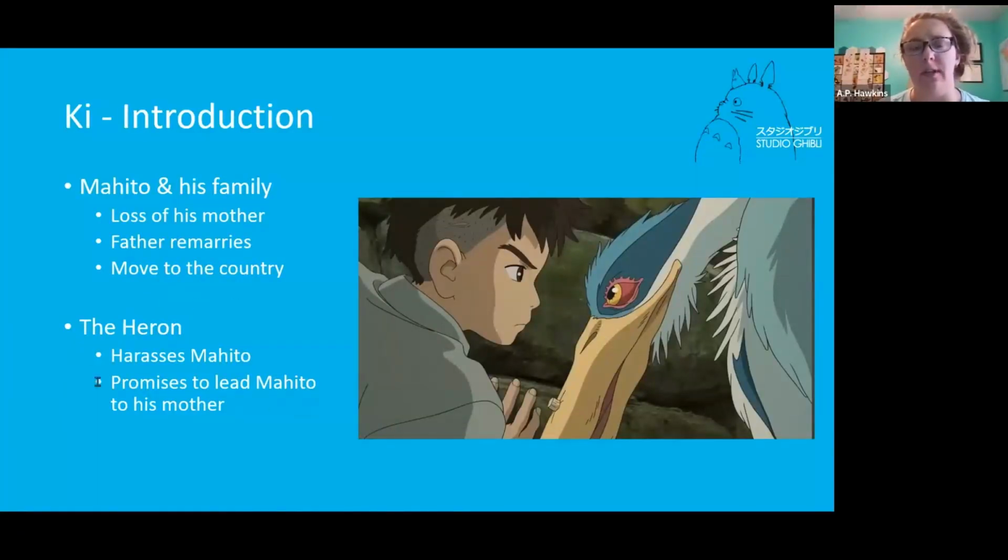We're also introduced to the Heron, who starts off by harassing Mahito, but is promising to lead Mahito to his mother. So in the introduction, we're getting this setup of Mahito's situation and his grief that he's experiencing, and then we're getting this temptation from the Heron that, oh, if you follow me, I'll lead you to your mother, you can find her again.